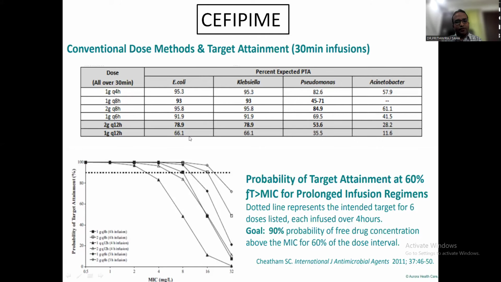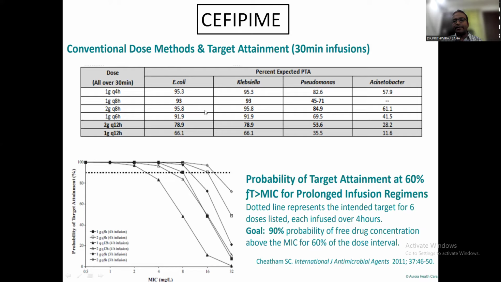Same in case of cefepime. You see, these are the different drug doses. Cefepime can be given 1 gram QID to 2 gram QID, right? When you do a 2 gram TDS dosing, you see the percentage of killing, though it is given as a 30 minutes infusion, because these are Western studies. 95.8, 95.8.